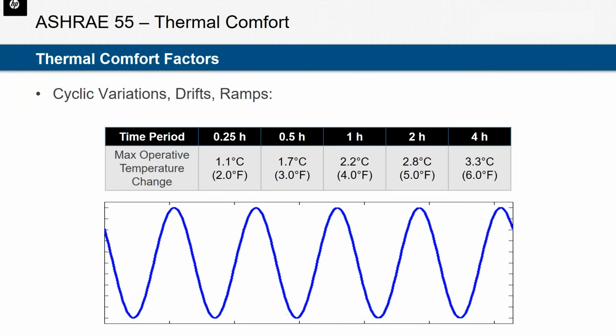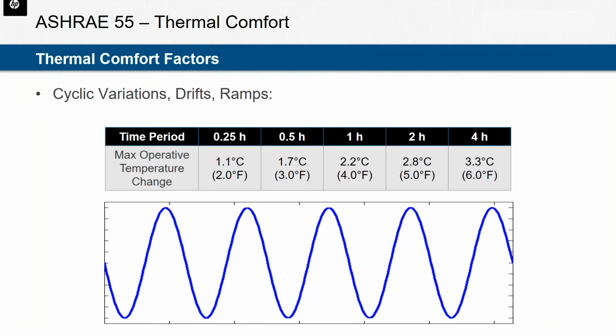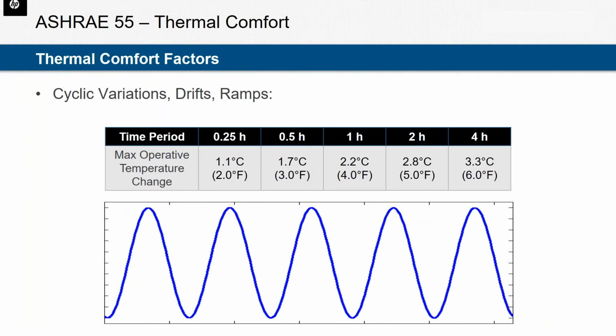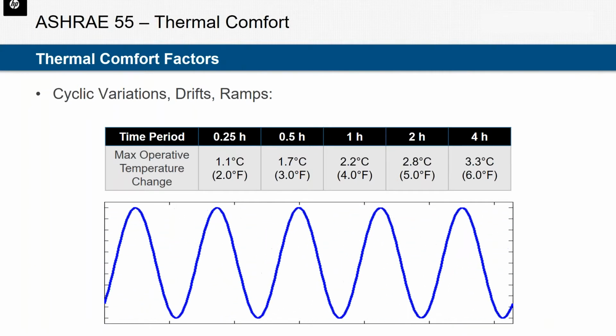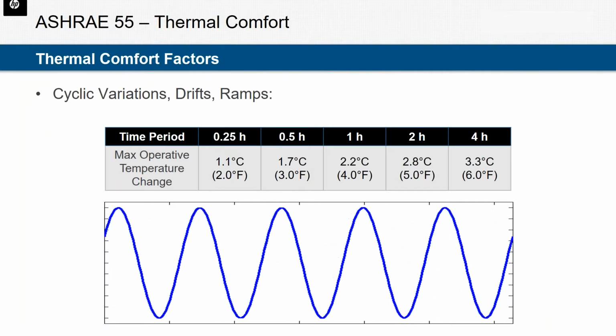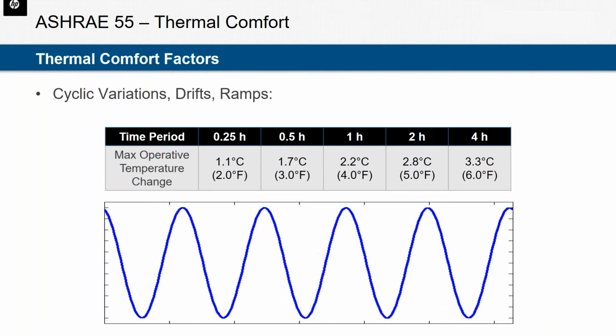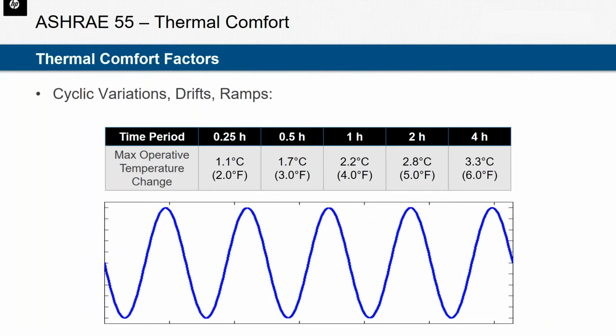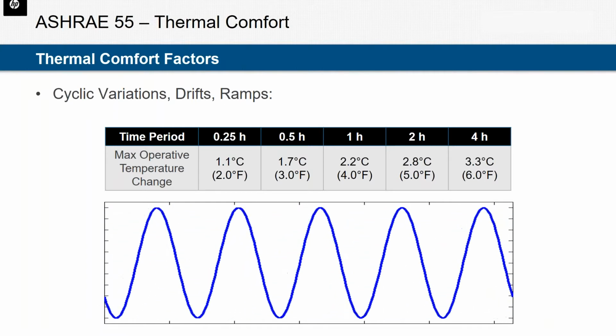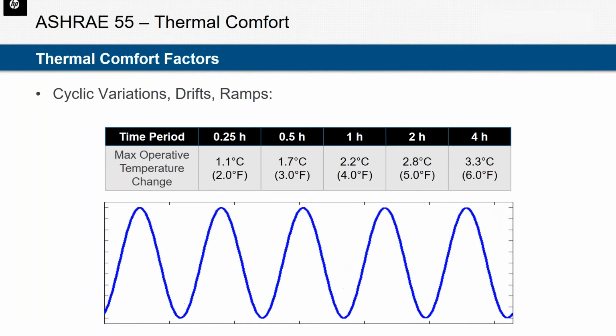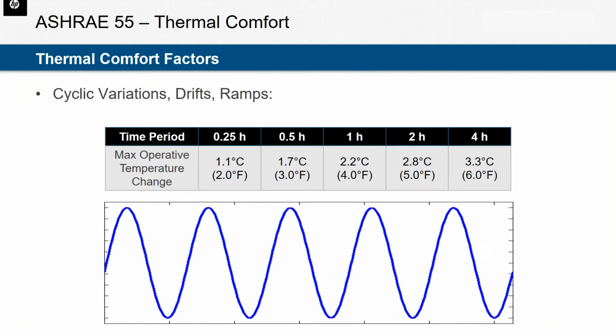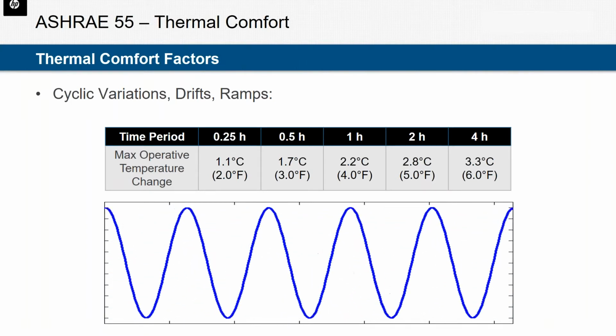If you have a system where it's fluctuating by 3 degrees Fahrenheit, even if that minimum and maximum in isolation are probably comfortable temperatures, just the fact that that temperature is fluctuating that quickly can start to trigger a response. And even if you have a system that's fluctuating that quickly, you're probably also getting a lot of noise issues because you've got your air turning on and off at these high magnitudes. That might cause a noise complaint as well.